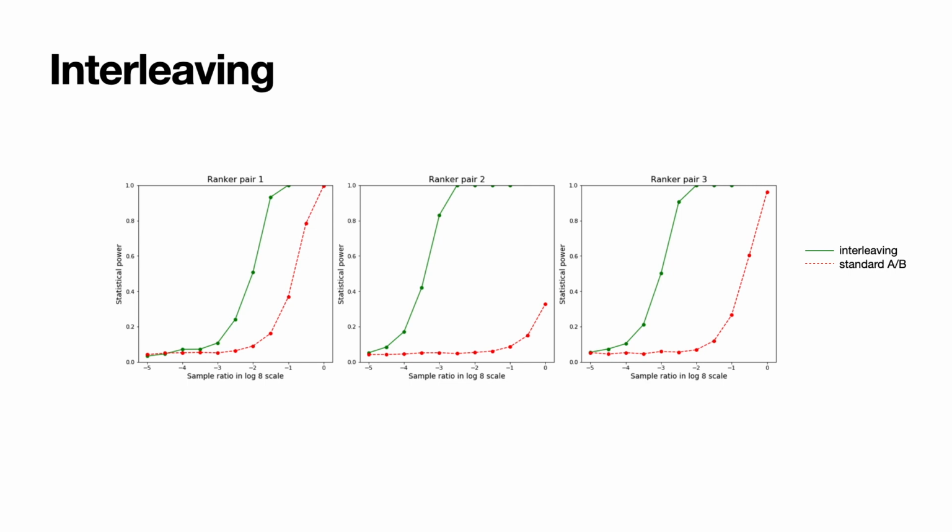You can see that interleaving can achieve the same level of statistical power with much smaller sample sizes. In real applications, online traffic is always a very scarce resource. By using interleaving, it allows us to experiment with a much higher volume of ideas online.